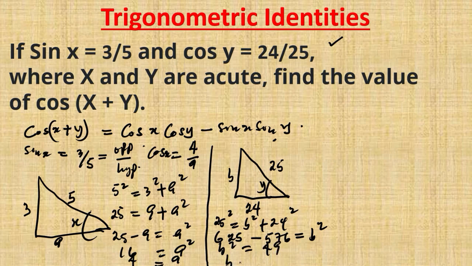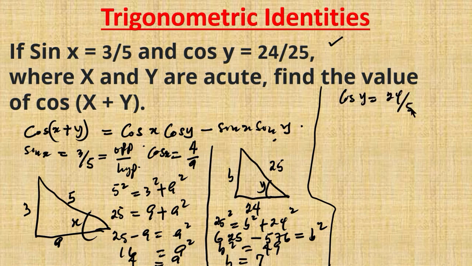B invariably equals the square root of 49, which is 7. Now, given that b is equal to 7, I can now tell that my cos y is equal to 24 over 25. At the same time, my sine y will equal 7 over 25.